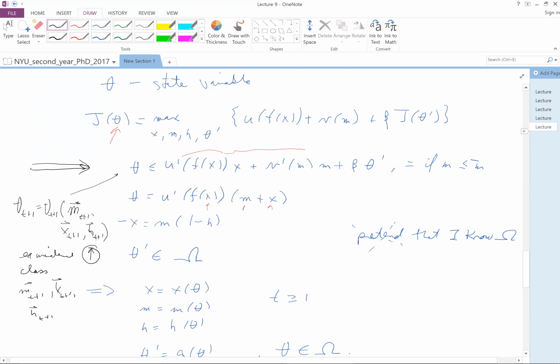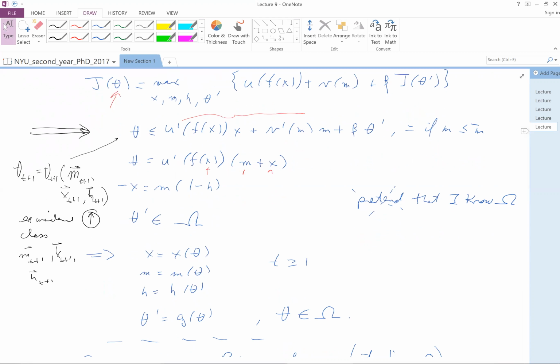It's just a thing to be aware of. And when we use Abreu-Pearce-Stacchetti, there can be multiple equilibria that give rise to the same value. Their machinery only recovers a subset of those equilibria. It recovers all the values, but only a subset of the equilibria. So something like that could be going on here too.